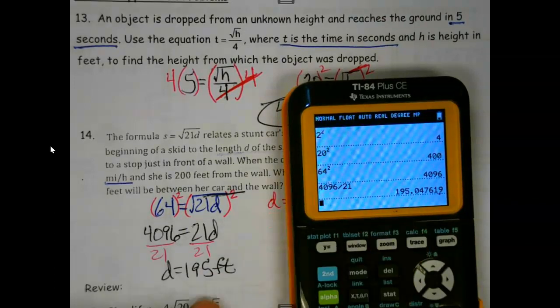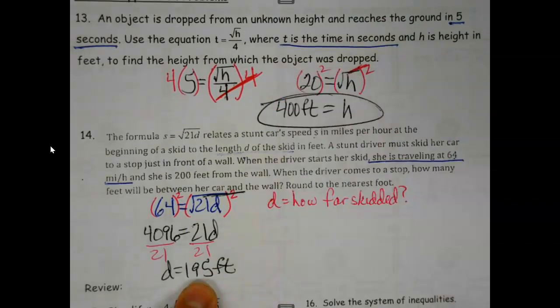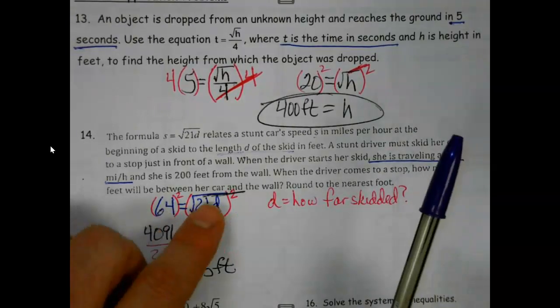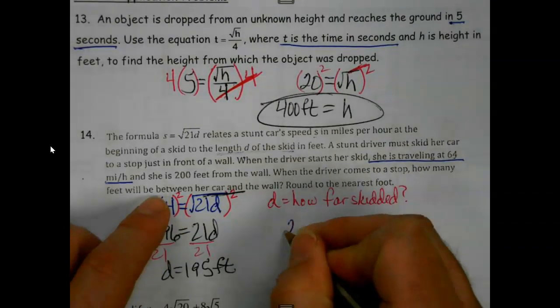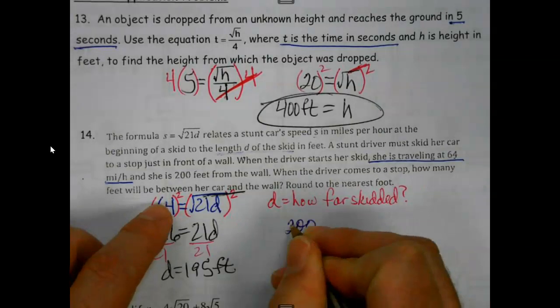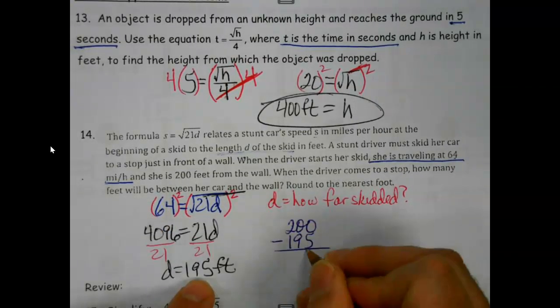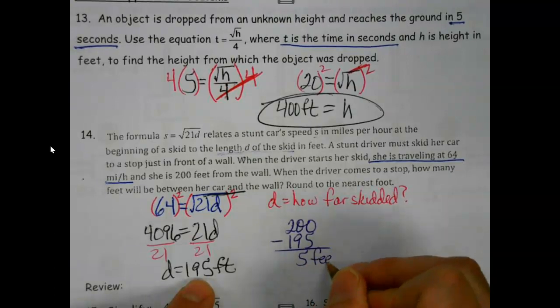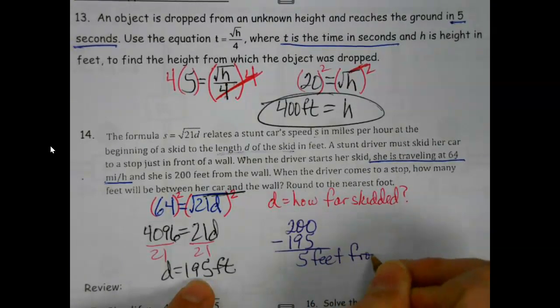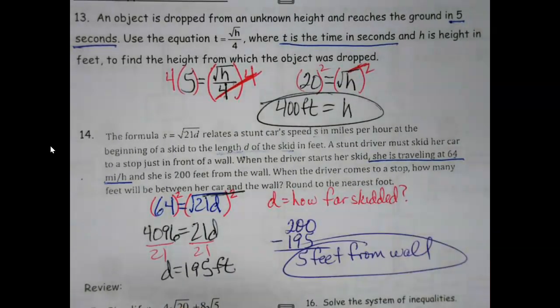So since it's a little over 195, we'll round to 195. And the question is, how many feet will be between her car and the wall? 200 feet from the wall. She skidded 195. She was 5 feet from getting really hurt. Luckily, she's a professional, so she figured this out.